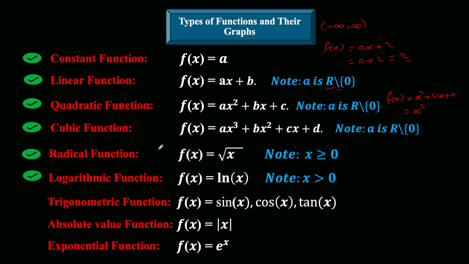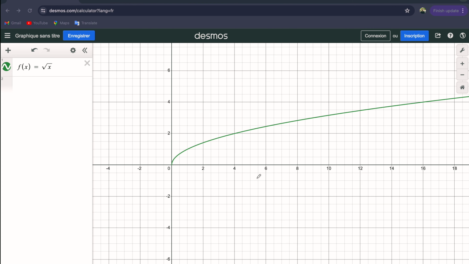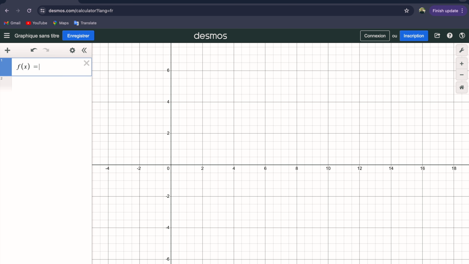Function number 6 is the logarithmic function. It is given by f of x is equal to ln of x. Note that x has to be strictly greater than 0. We cannot have 0, since ln of 0 is undefined. Okay, so if we take ln of x, you see this is the shape of our function.